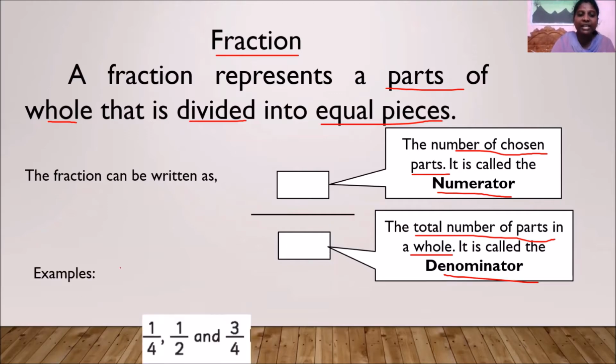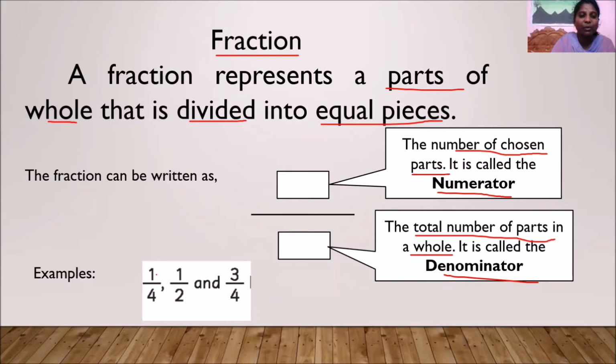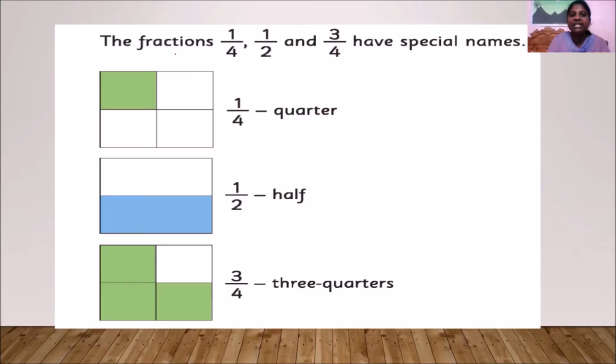Let's see a few examples. 1/4, 1/2 and 3/4 are fraction numbers. Let's see the fractions 1/4, 1/2 and 3/4 have special names. See the first shape. The rectangle is divided into 4 equal parts and the shaded portion is 1.